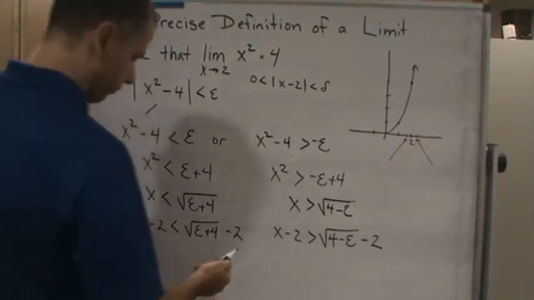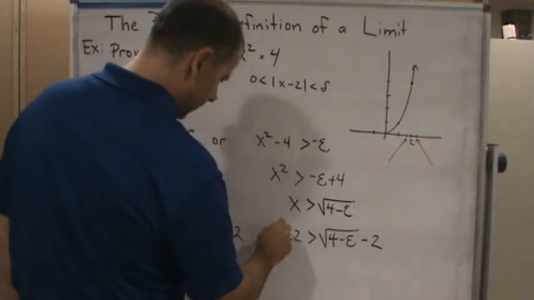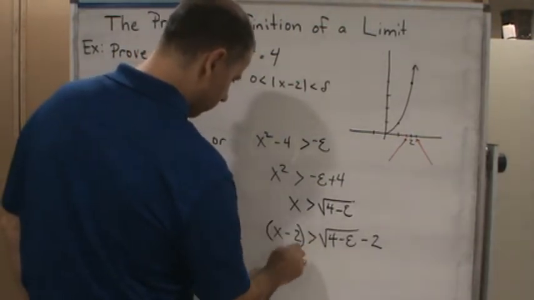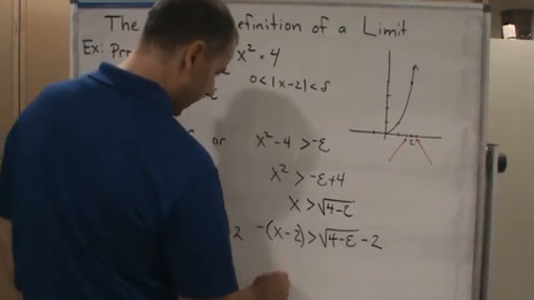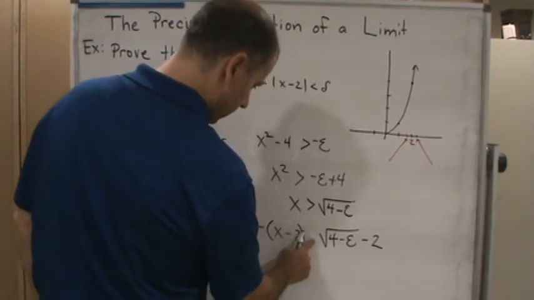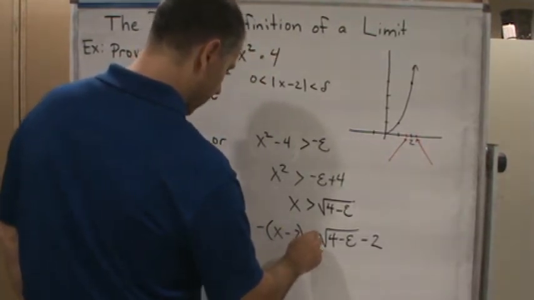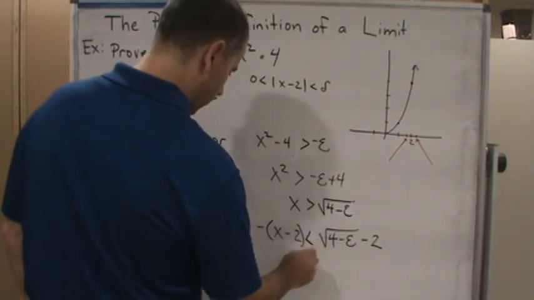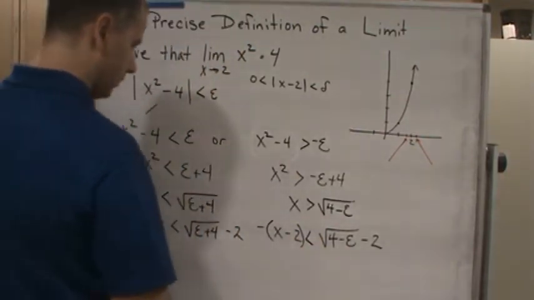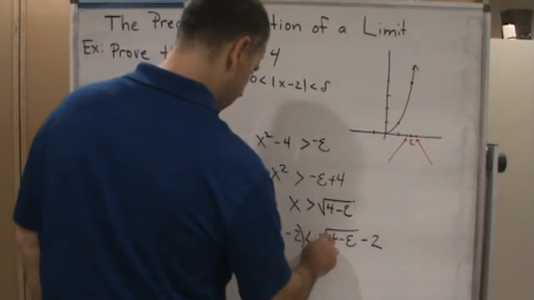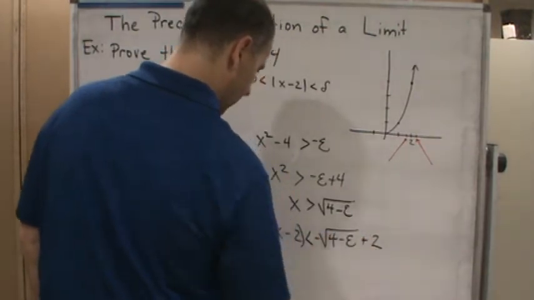Okay, so now, how do we get the absolute value? Well, I can make this negative, and this would then be less than, and this would be negative plus, right?